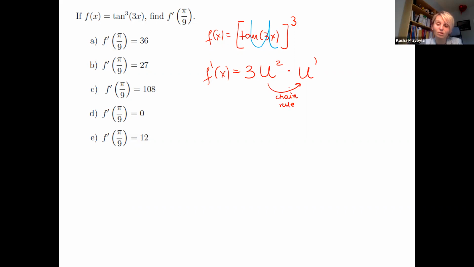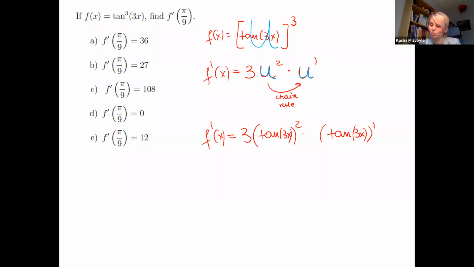Of course, we know what u is. Let's substitute, because that's just the symbols. 3u squared times derivative of u. I can copy tangent of 3x, and this is tangent of 3x.